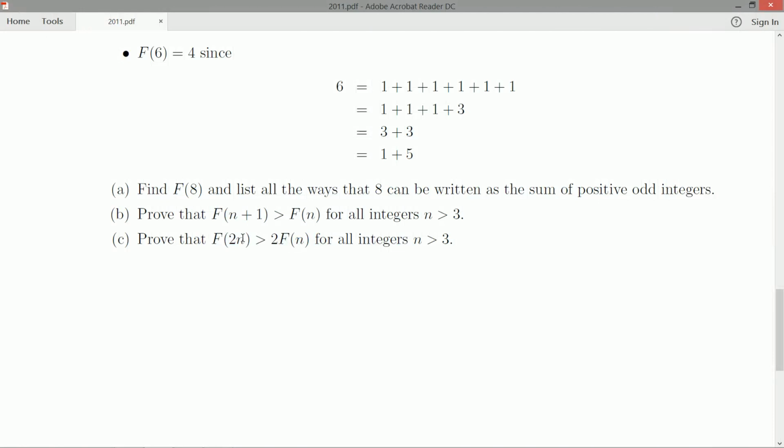Do I need to use the result I proved with B? Because that wouldn't really help. That would just show me that f of 2n is at least as big as fn plus n. Not going to help me.